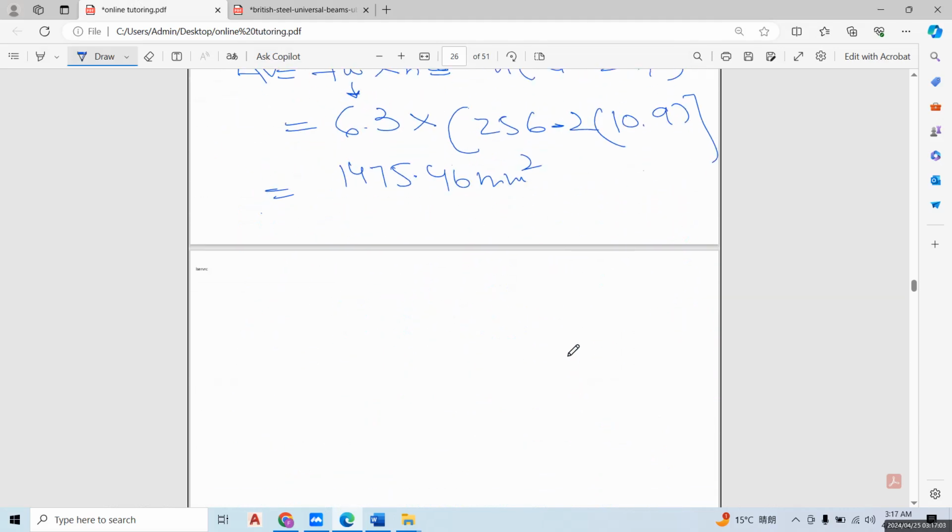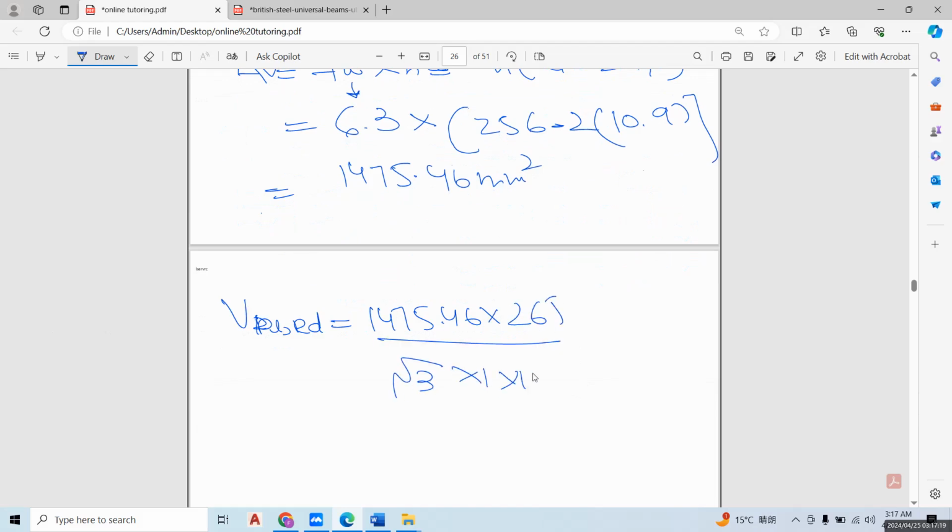Now you just need to put the values in. I multiply by 10 to the power of cube because it is in Newton per mm square, and we need the unit in kilonewton. Sorry, it was 275.